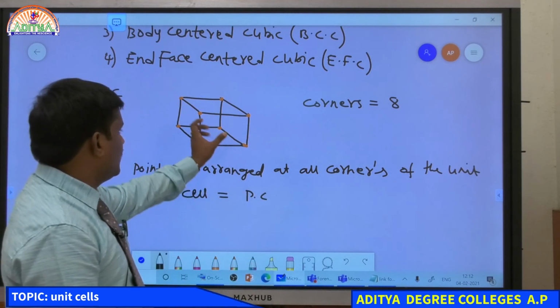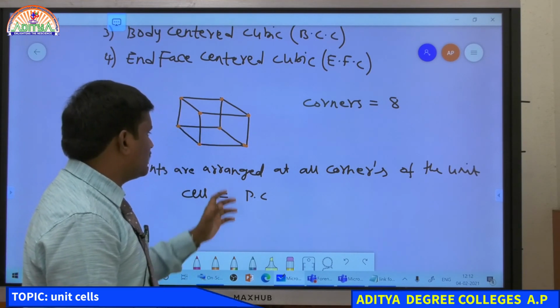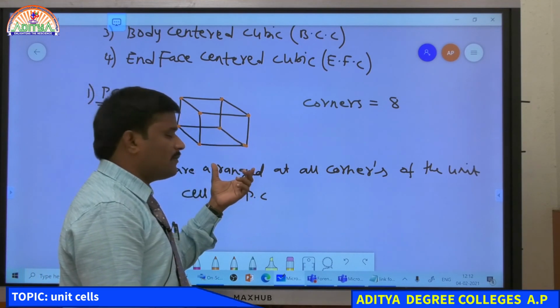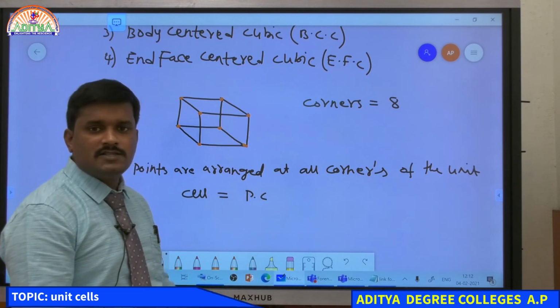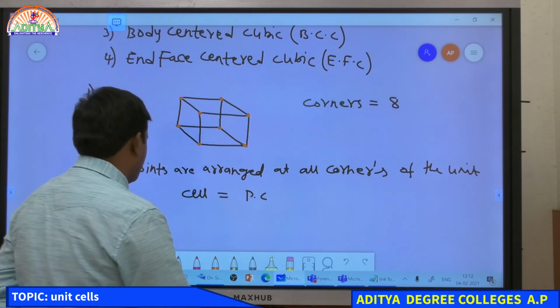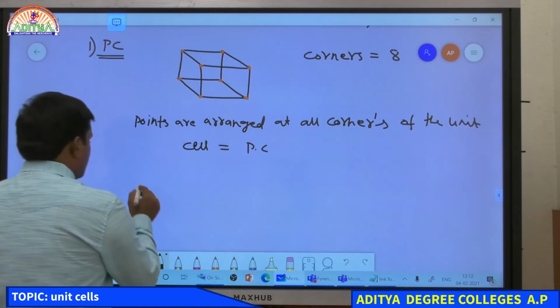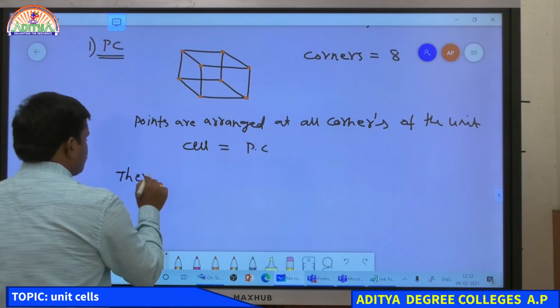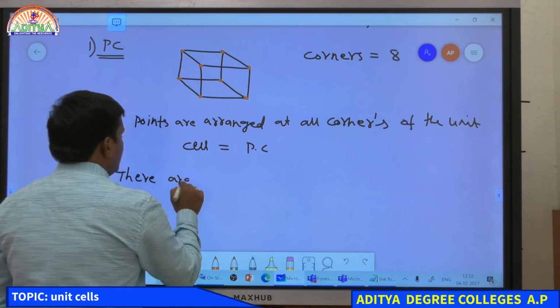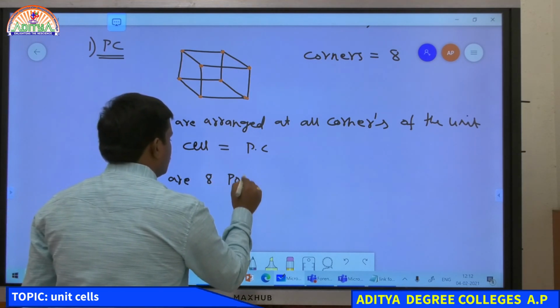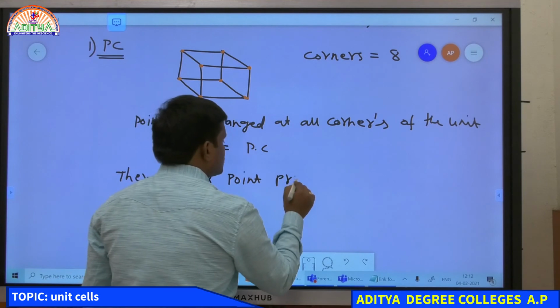Therefore it has 8 corners, so the total number of points, that is the total number of atoms present in the simple cubic unit cell, is equal to 8. There are 8 points present at 8 corners.